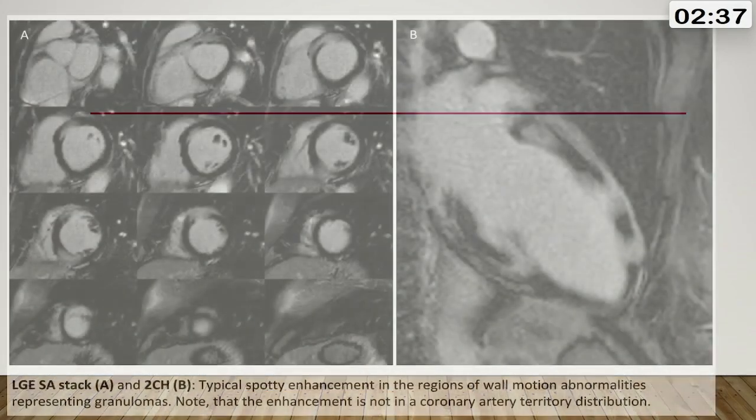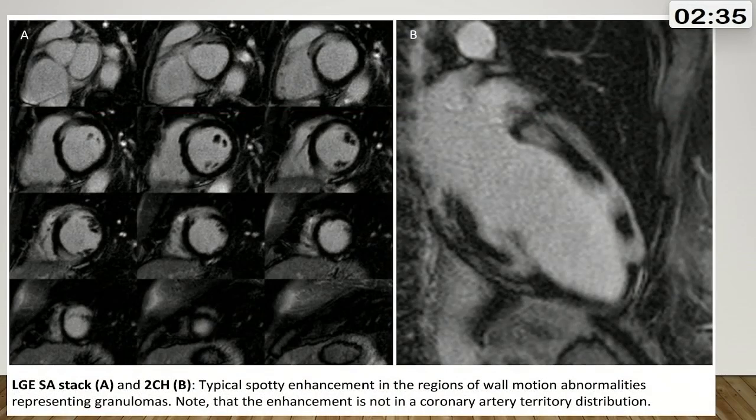So, can you see the typical spotty enhancement at the sites of granulomas? You will find local hypertrophy with basal thinning and spotty enhancement at regional wall motion abnormality areas, not in keeping with ischemic etiology.